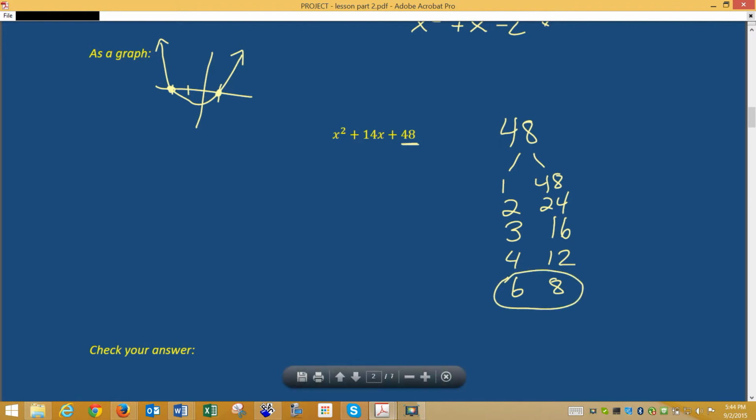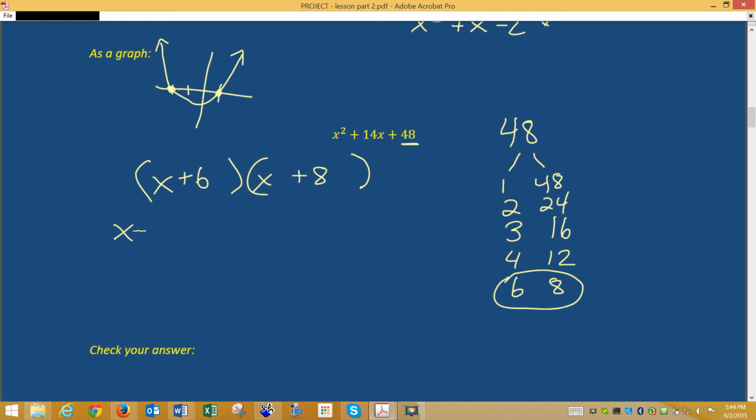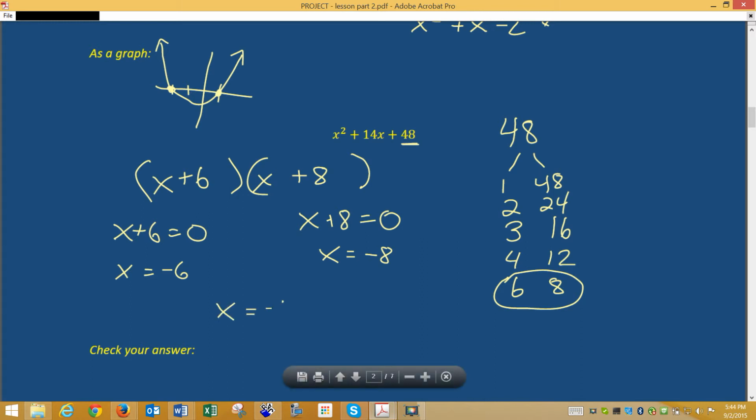So we need to set up our 2 sets of brackets, and x at the front of each bracket. And the numbers that we need to add in each bracket are +6 and +8. We set each bracket equal to 0 and solve for x. So subtract 8 from each side, subtract 6 from each side, and that's our answer. X equals -6 and -8.